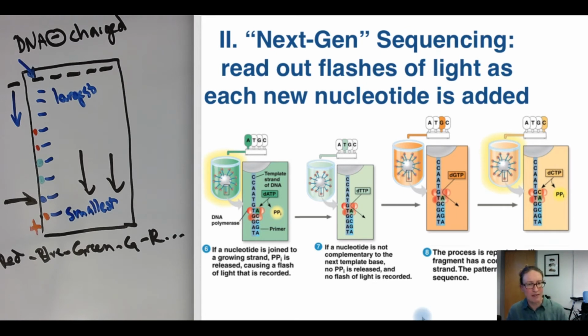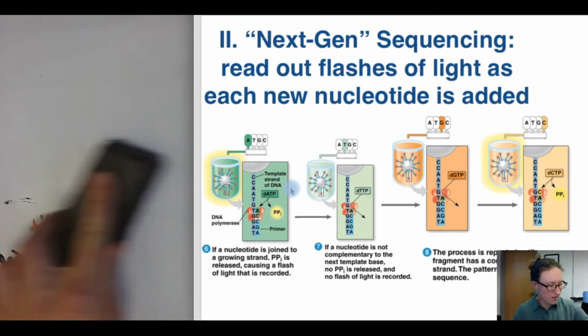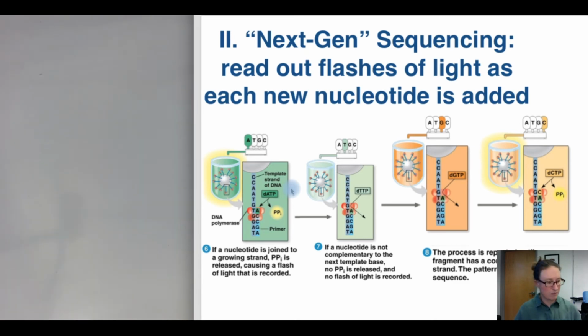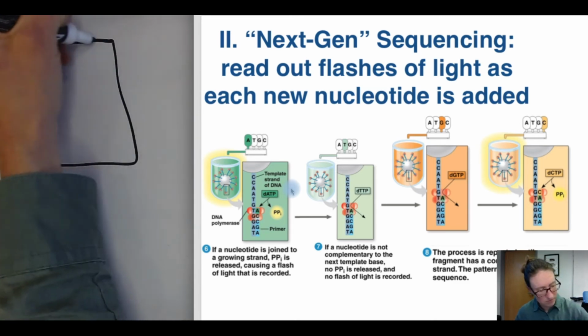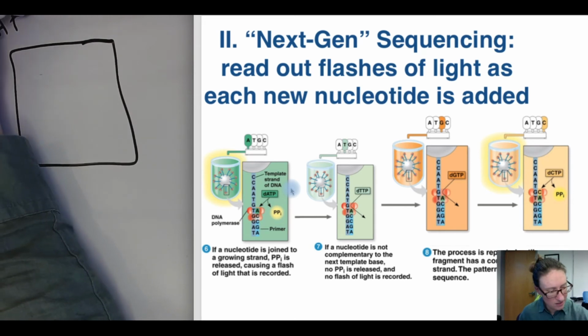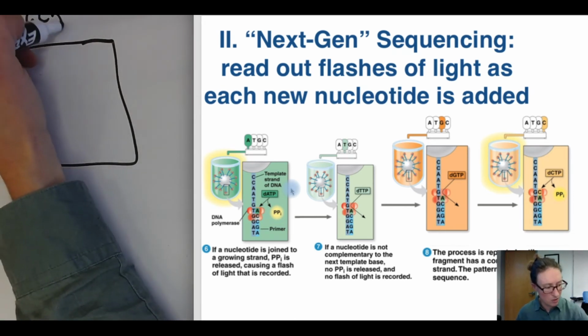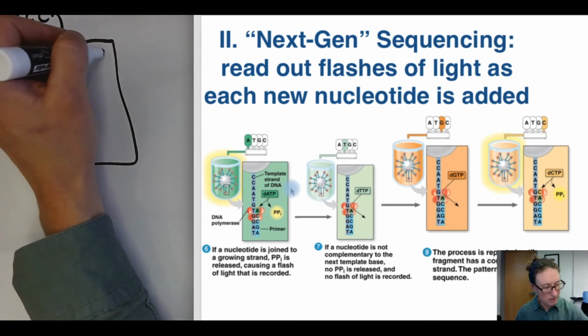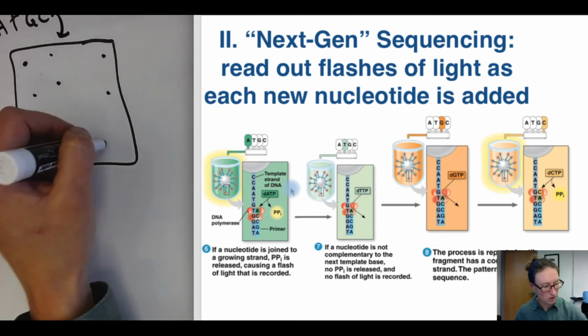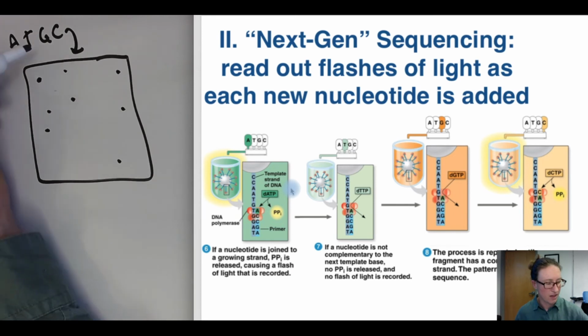Then what happens is in each of those wells, every time that a new nucleotide gets added on to one of those pieces of DNA, there's a flash of light that gets released. And so over time, you've got this big plate, and you're pouring on A, T, G, and C. Let's say that you add on C, and you might see flashes of light across some subset of the wells.